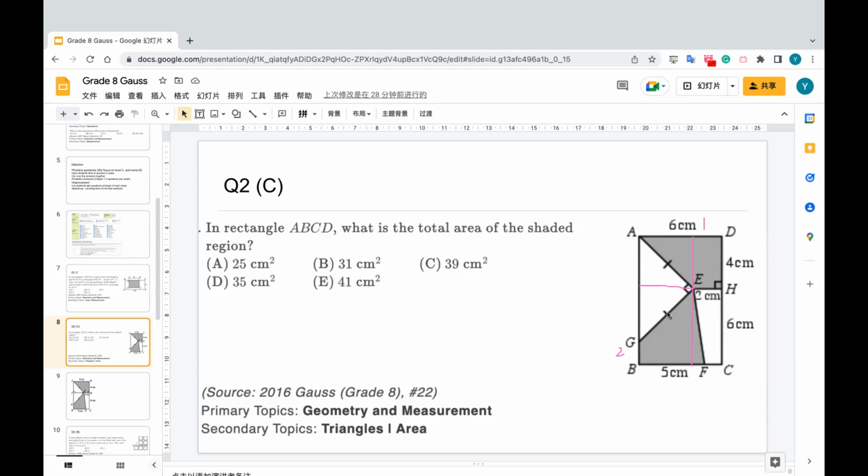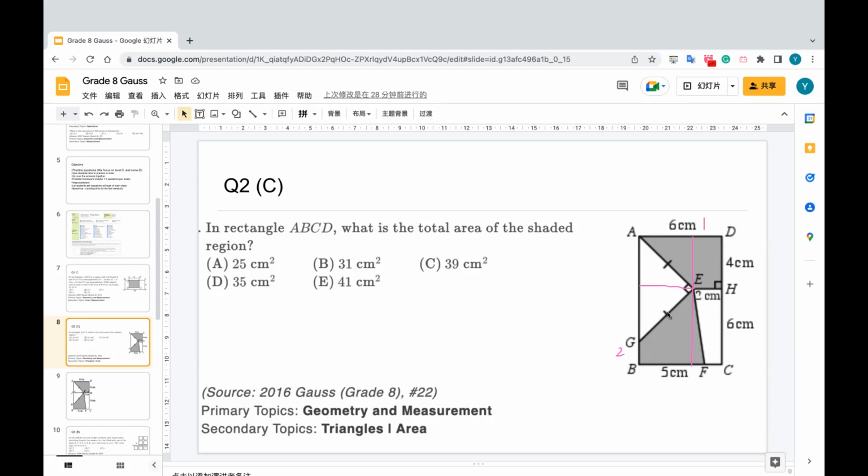Okay, since A to G to B is 2, so A to G is 8, and right there is half. So that's 4, right? And then 4 times the other 4 as well. So that's 16, except it's halved again, so it's 8. So it's minus 8, since that's the area of the triangle.